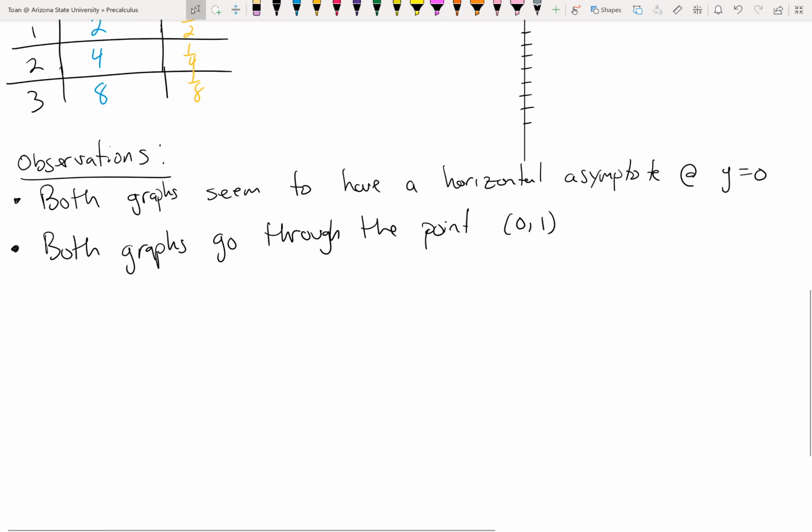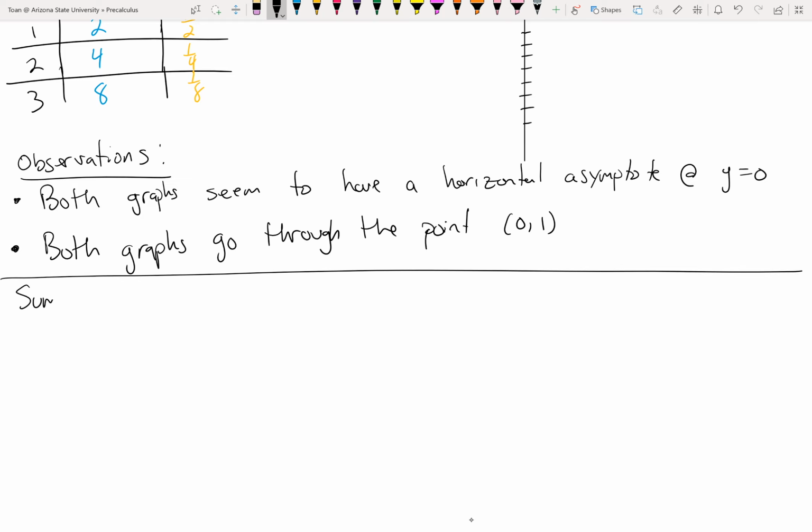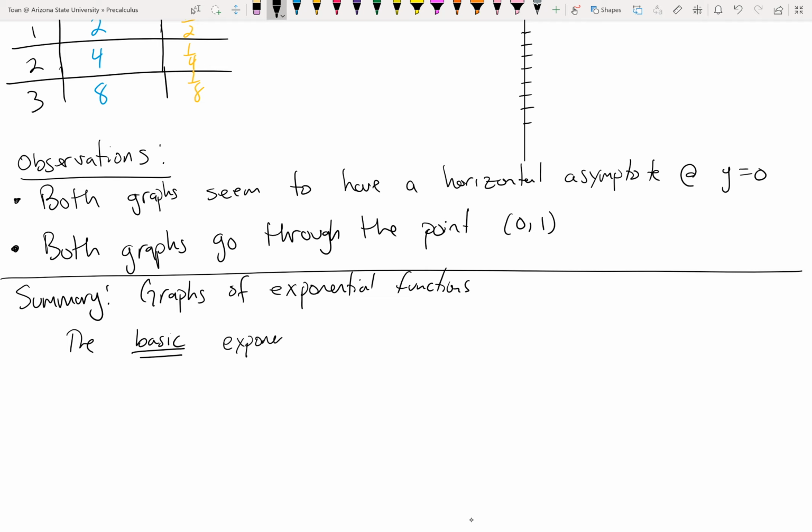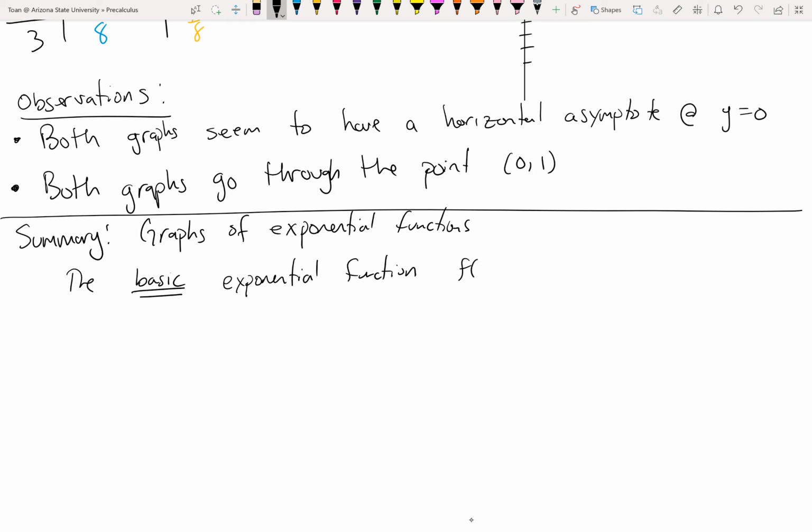So in summary, for graphs of exponential functions, the basic exponential function f of x equals some base to the x power, for any base greater than 0 but not 1, has a domain of all real numbers.